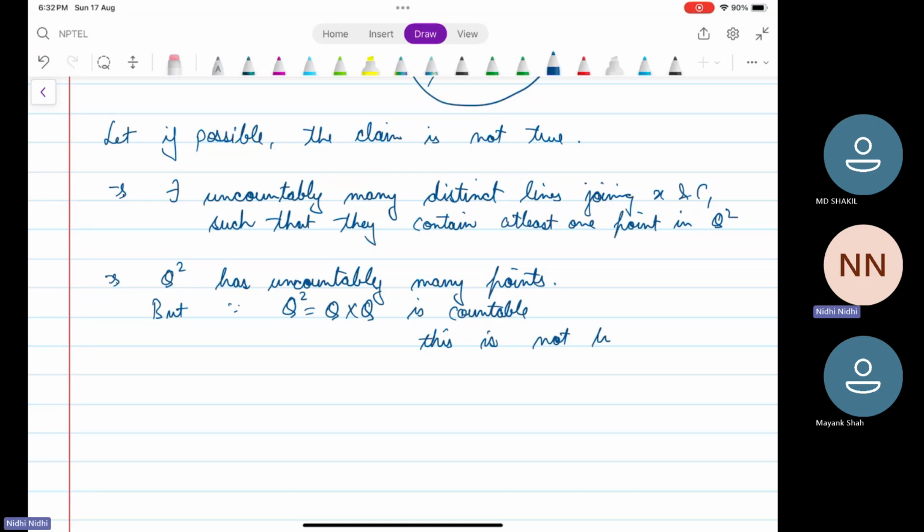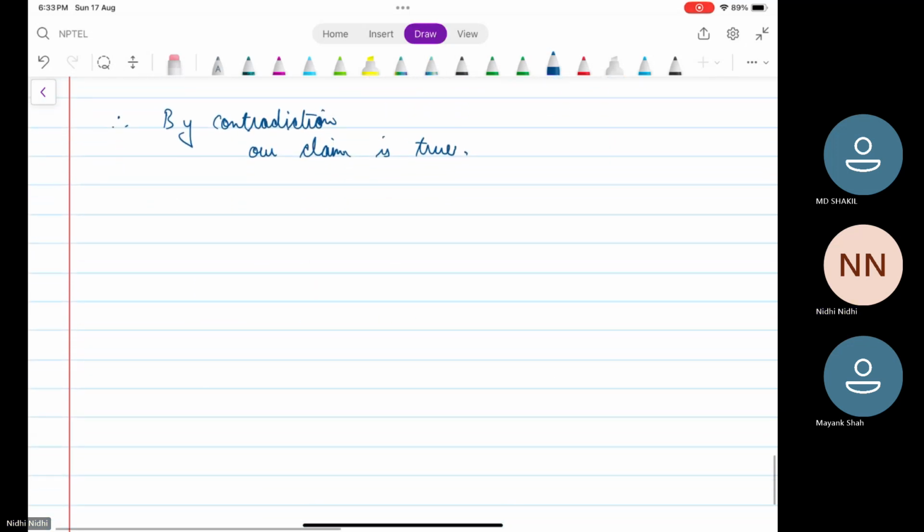Hence, we get a contradiction. Therefore, by contradiction, our claim is true. Similarly, we can do it for y as well.